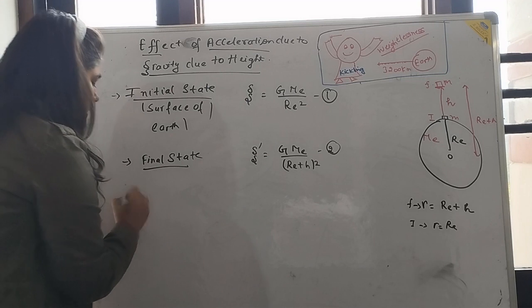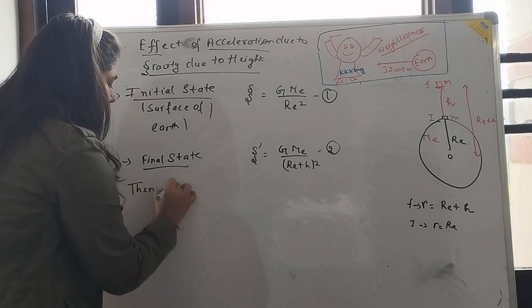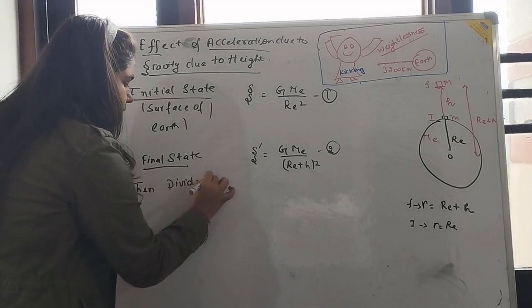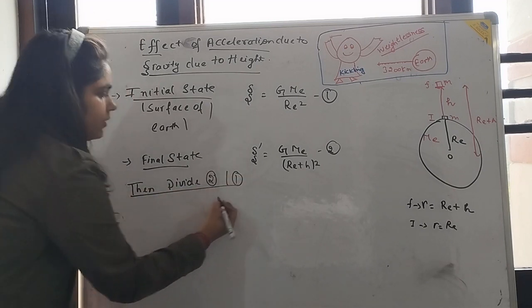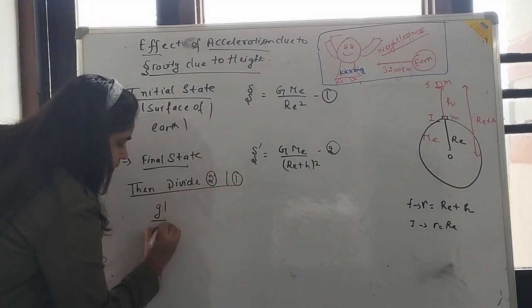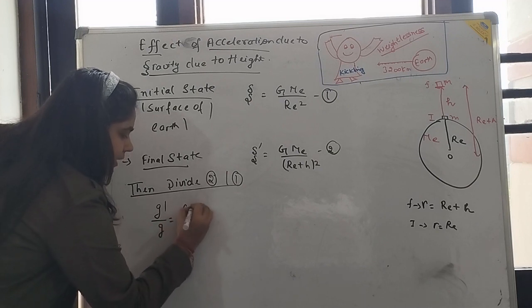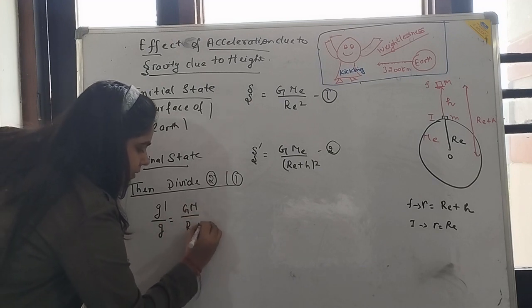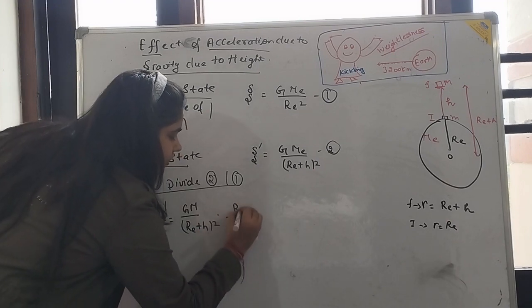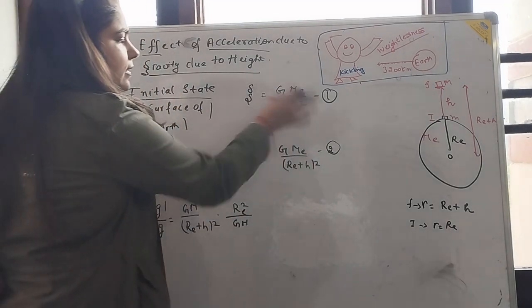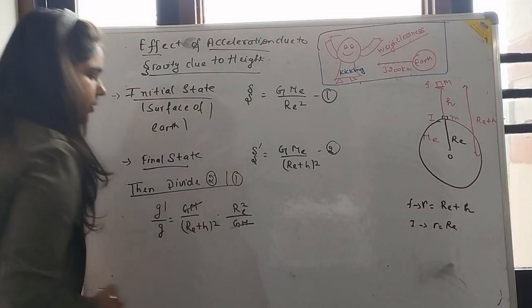Then divide the second by the first. We calculate g prime upon g is equal to G ME upon (RE plus h) whole square, upon G ME upon RE square. Dividing this by this, these two terms are cut.